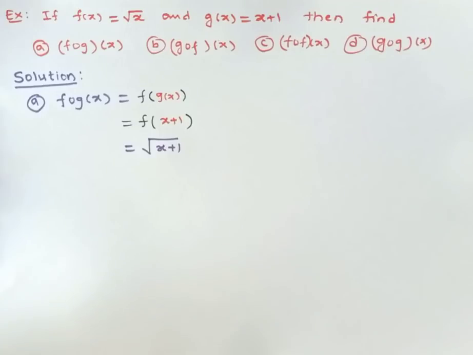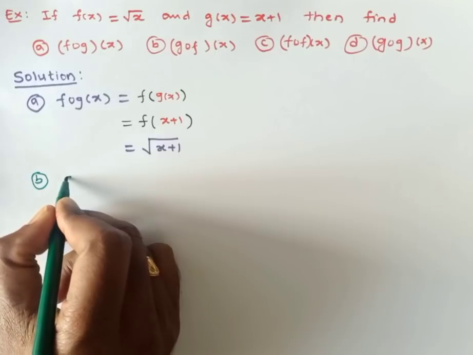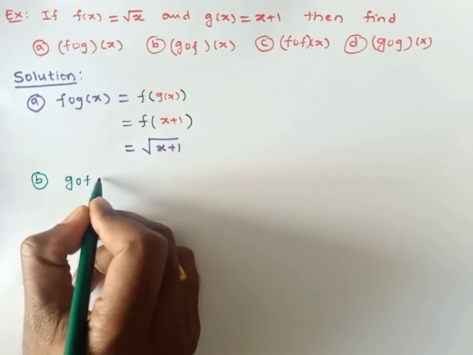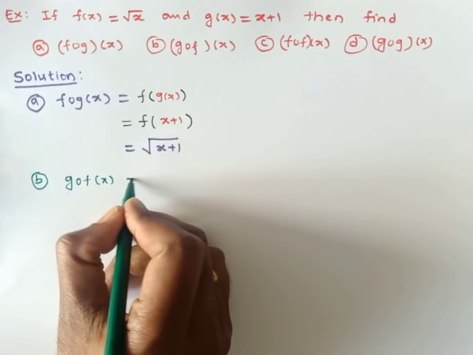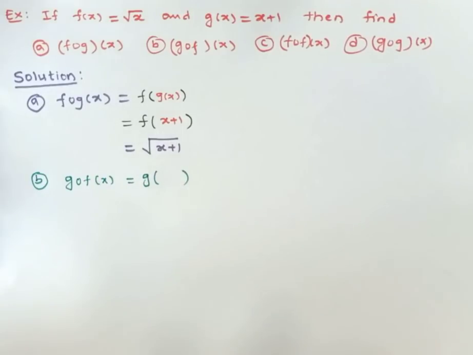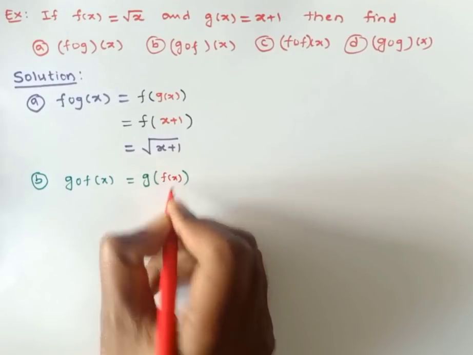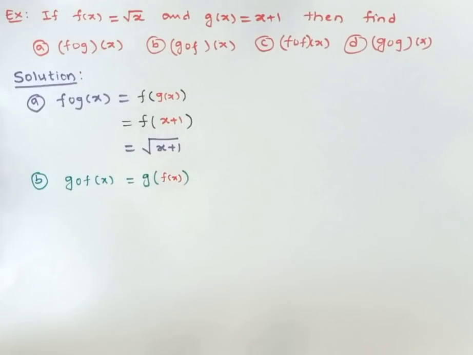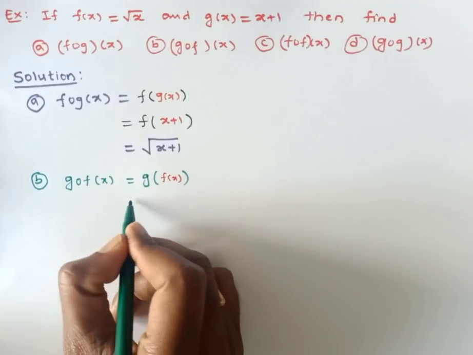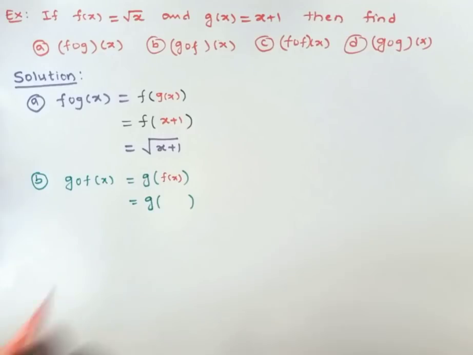Now see the second problem. Here b is g circle f of x. G circle f of x is equal to g of f of x. Now we can write this as g of, what is f of x? f of x means root x.